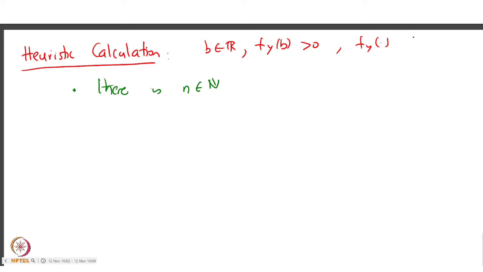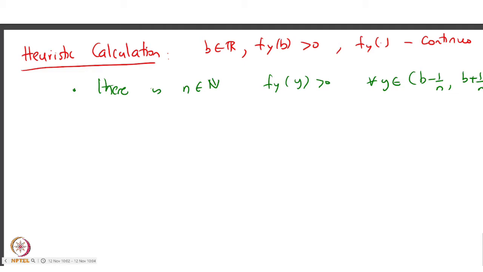Then there will be an n such that F sub Y at the point y is strictly positive for all y in the interval b minus 1 over n to b plus 1 over n.